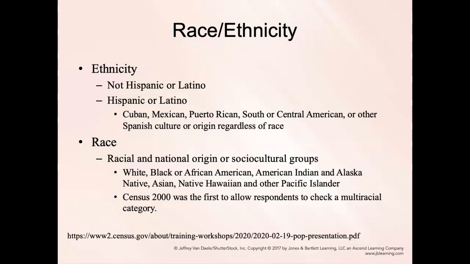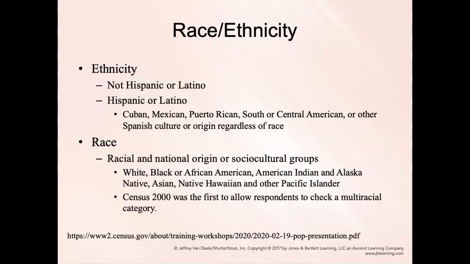For race, we're talking about racial and national origin or other sociocultural groups. This typically, when you're filling out a survey, is collected in terms of asking people if they are white, Black or African American, American Indian and Alaskan Native, Asian, Native Hawaiian, or other Pacific Islander.